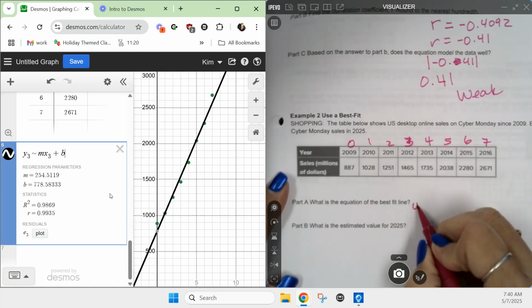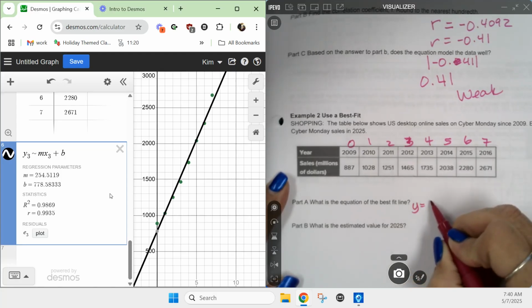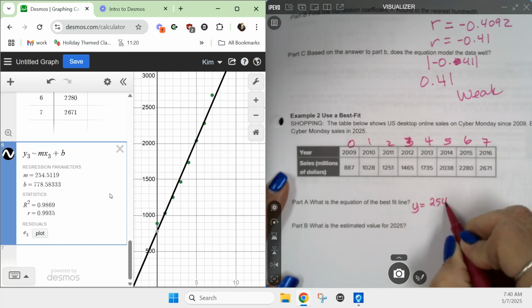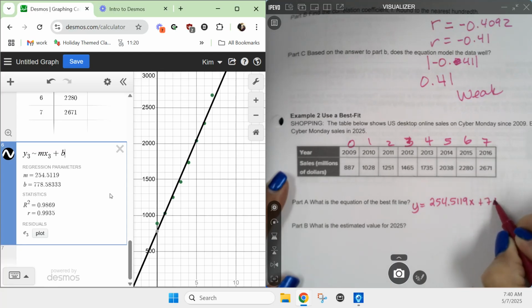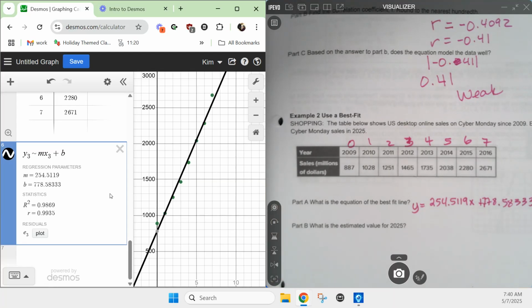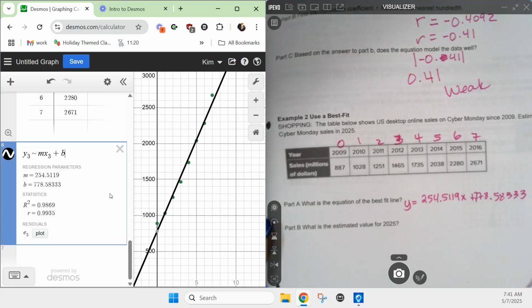I'm going to put y equals 254.5119x plus 778.58333. Okay, so that is our line of best fit.